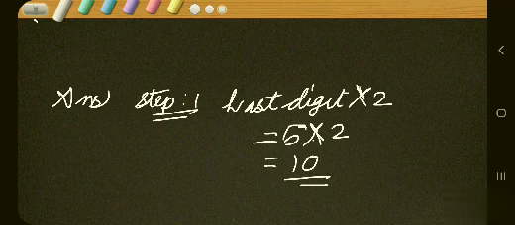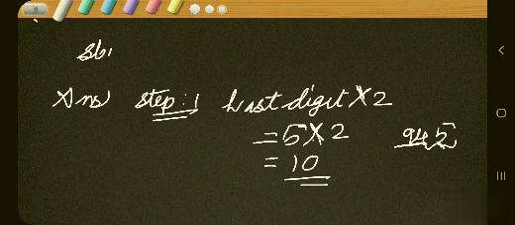Which was our number? 945 was our number, isn't it? And which is the number formed by the rest of the digits? 94, isn't it? So 10 has to be subtracted from 94. Okay, please do.